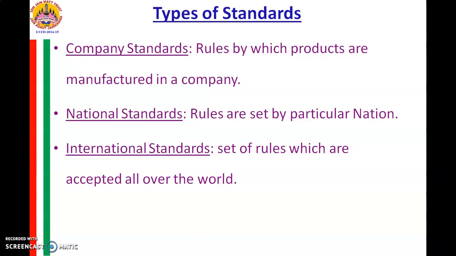Those are the company standards. Similarly, BEL and BHEL are companies setting rules and regulations to manufacture a particular component in their company. If the rules are set in the company to manufacture a component, those rules are the company standards. Got an idea?